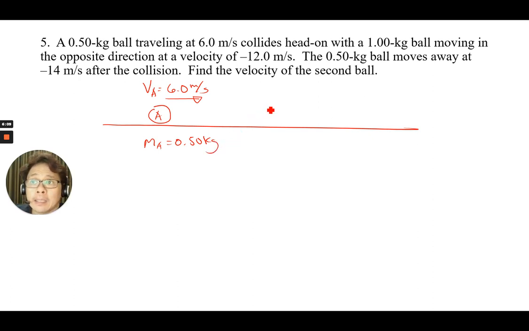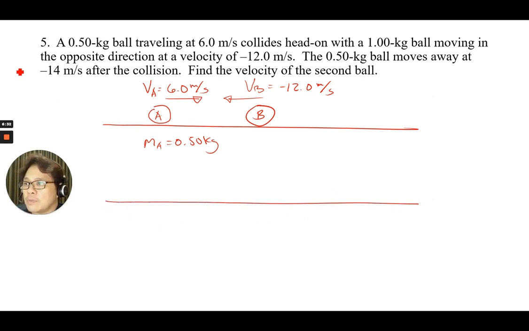Okay, it collides head-on with a 1.0 kilogram ball moving in the opposite direction. So ball B is in this direction. So VB is negative 12.0 meters per second. Okay, the 0.50 kilogram ball moves away at negative 14.